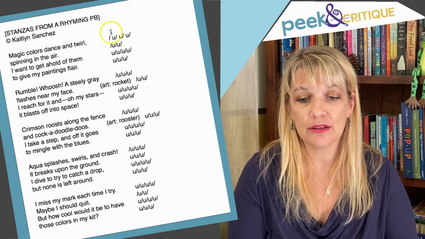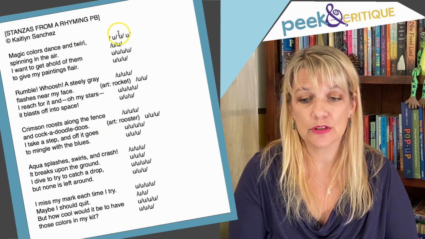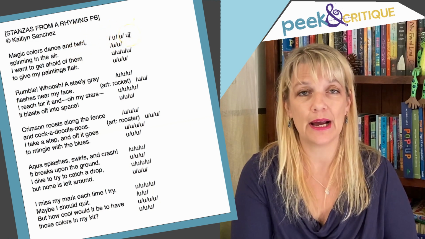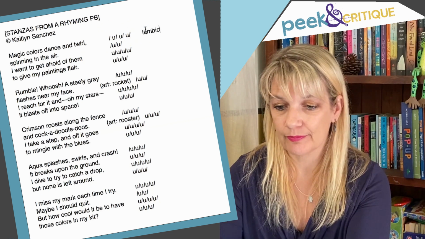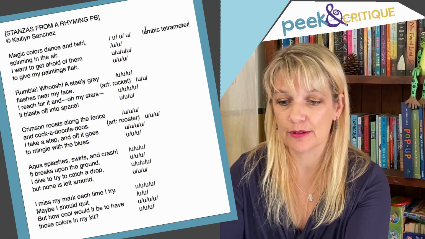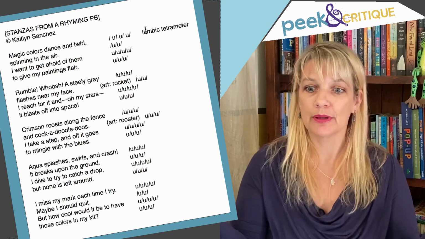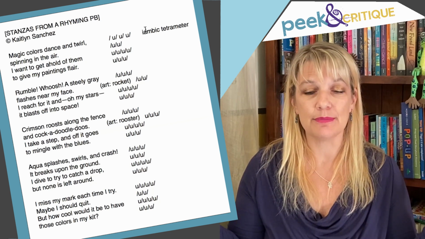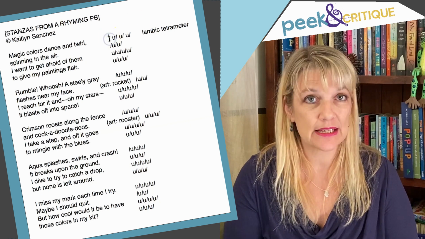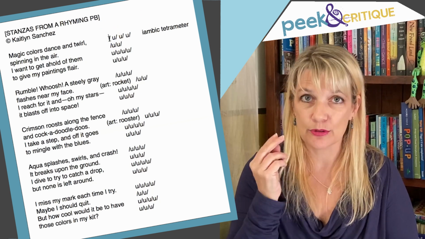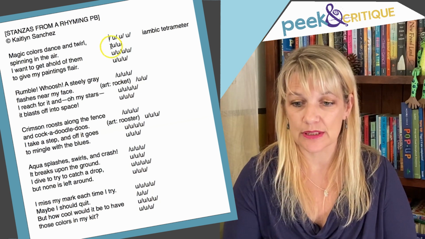So how many do we have here? 1, 2, 3, 4 iambs. So what is that? Iambic tetrameter. Four iambs in a line makes it iambic tetrameter. Even if that first one is headless, it's still an iamb. Those stressed beats are what really matter to us.